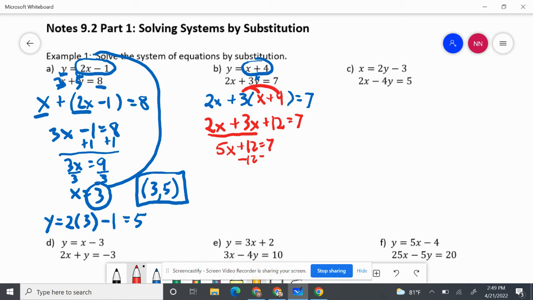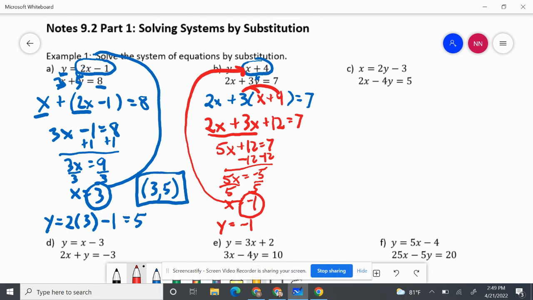I'm going to subtract the 12, and I get 5x is equal to negative 5. So when I divide by 5, I get x is equal to negative 1. I'm going to take that negative 1 and replace the x with it. So that means my equation is y equals negative 1 plus 4, which of course is 3. So my ordered pair is negative 1 and 3.